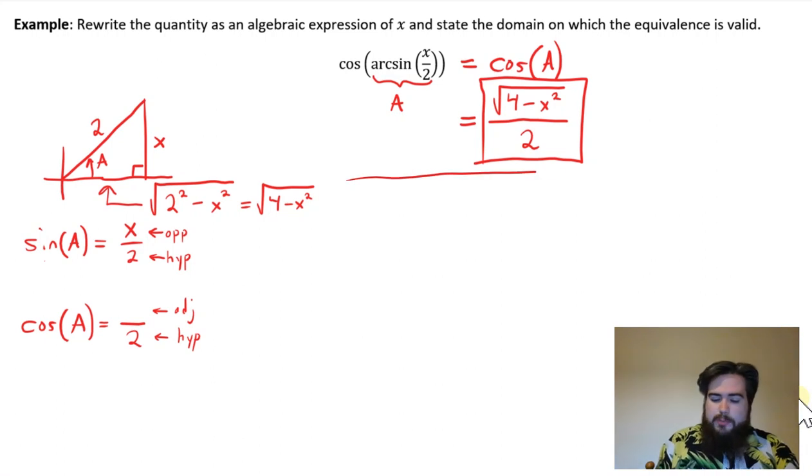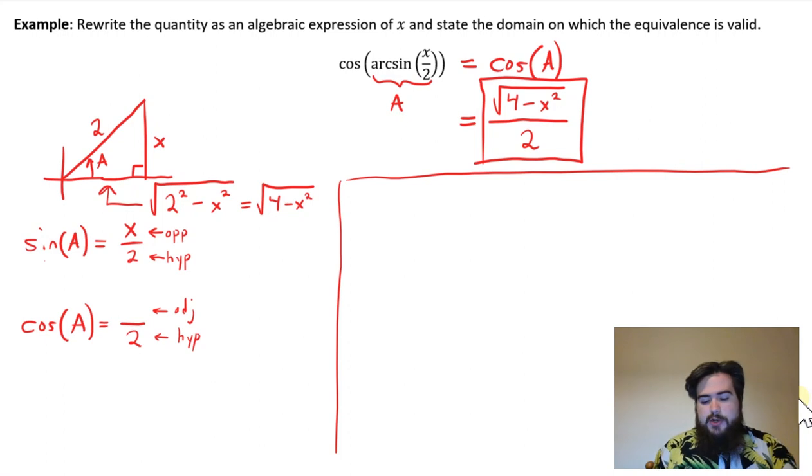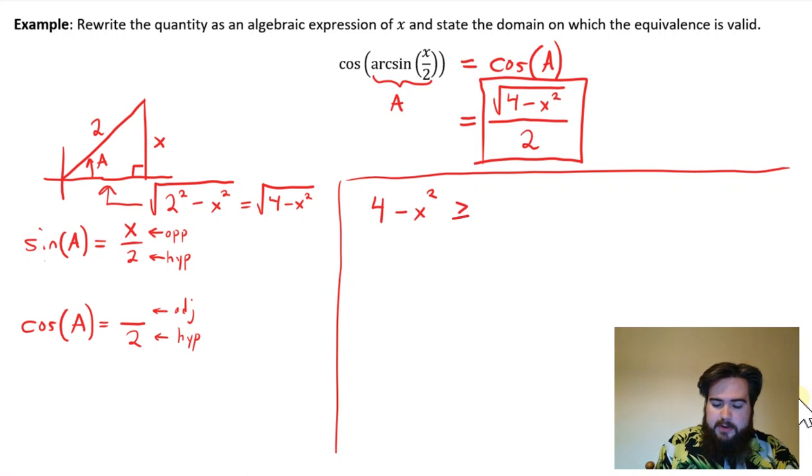If you go the algebraic way, consider that in this expression, the only thing I'm really concerned about is that the value underneath that square root is 0 or greater. If it's negative, then I'm not going to get a real answer. So 4 minus x squared bigger than or equal to 0.